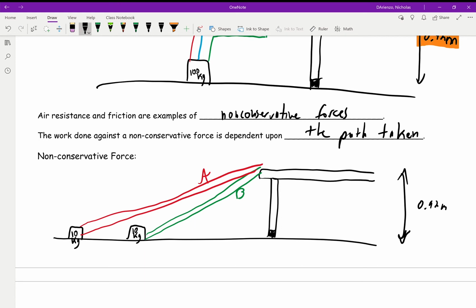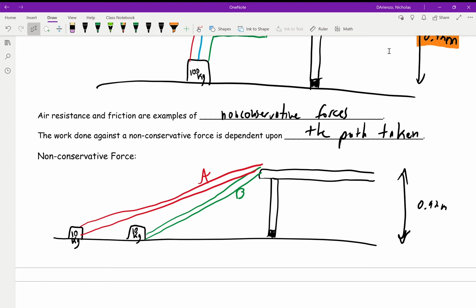And I'll give you a second. You can pause the video and think about this. Which one do you think is going to require more force to move the same 10 kilogram mass up the incline? On A, it is going to experience more friction because that path is longer.